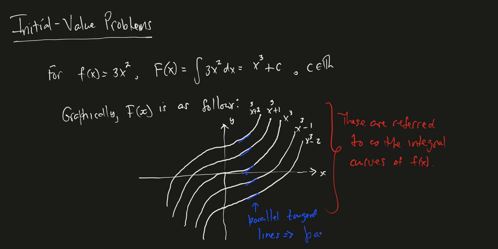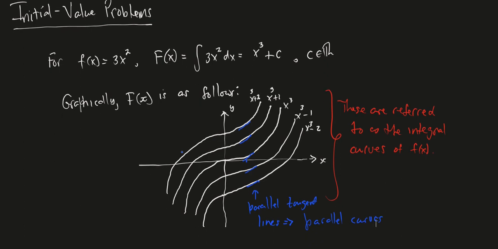So we call them, again, just another word that's sometimes used to describe them. So these are parallel curves. But whether you think of them as integral curves or parallel curves, the idea is that there are infinitely many of them, right?